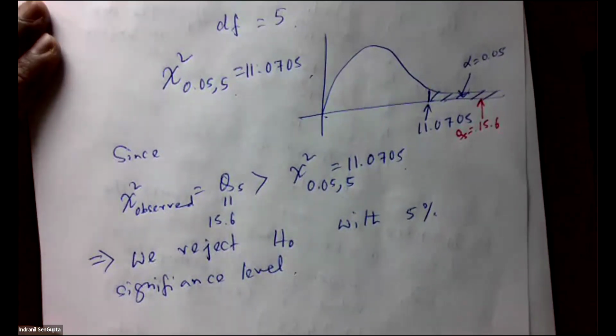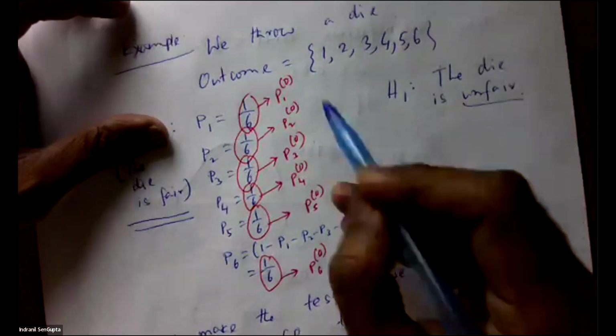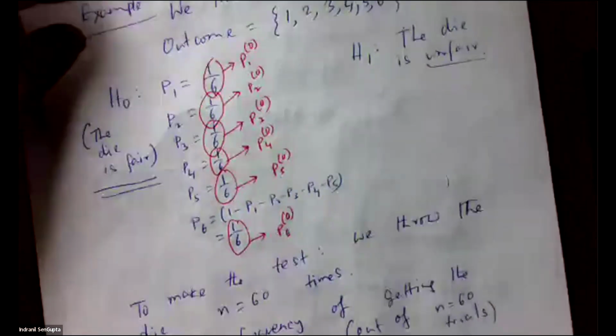So what is the conclusion? The conclusion is the die that we considered, it is not fair. So the die is unfair. That means there is something, some bias somewhere.